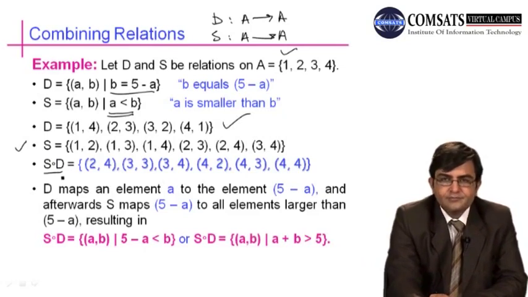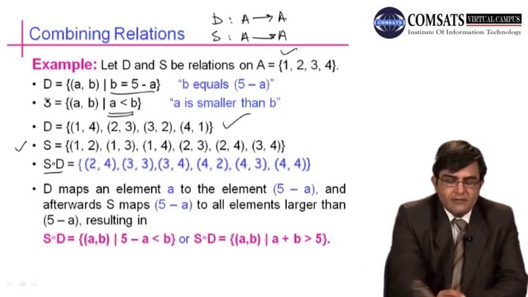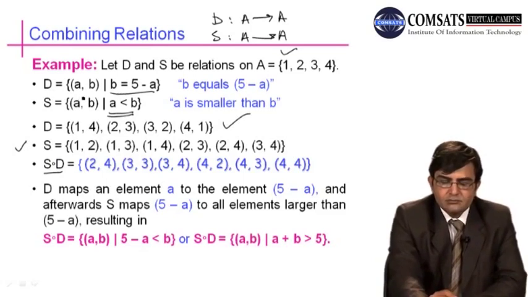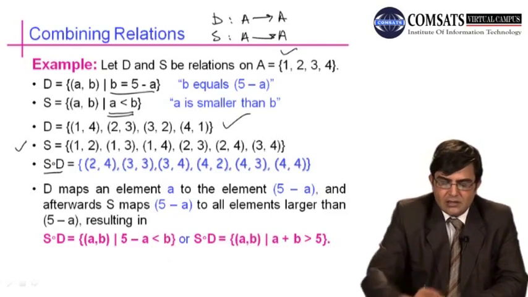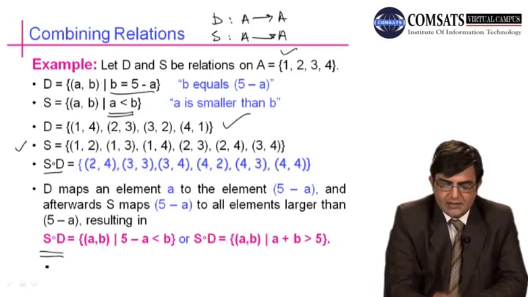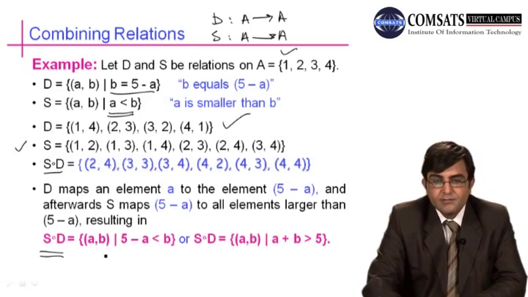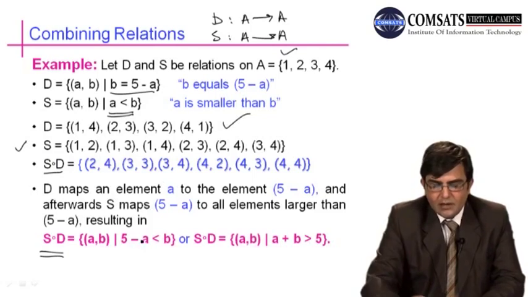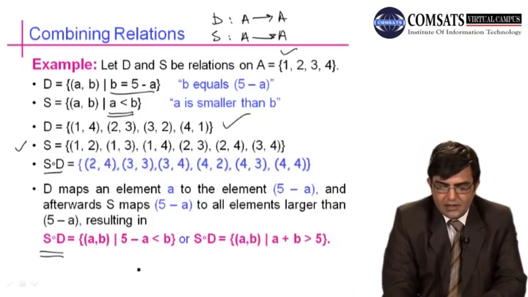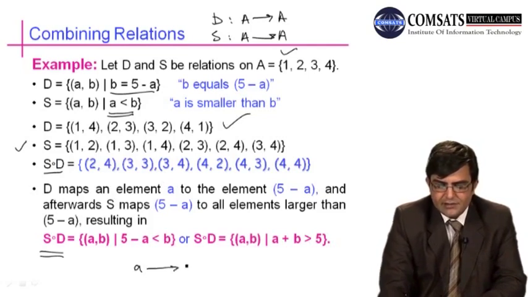First we apply D and then S. When we apply D on the ordered pairs AB, here B must be what? 5 minus A. So S composition D contains AB ordered pairs such that first we apply D, and basically A is converted to B, which is 5 minus A.